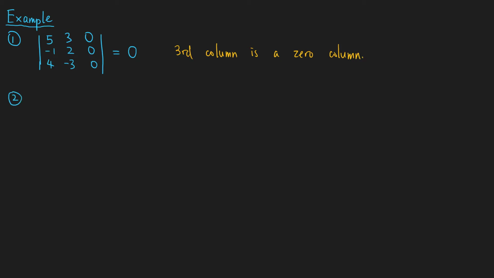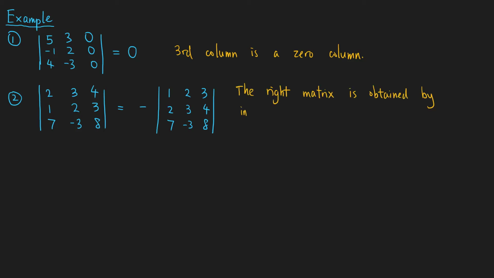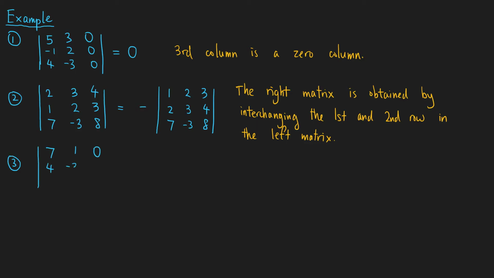Secondly, the determinant of 2, 3, 4, 1, 2, 3, 7, -3, 8 equals the negative of the determinant of 1, 2, 3, 2, 3, 4, 7, -3, 8, because the right matrix is obtained by interchanging the first row and the second row in the left matrix. Thirdly, the determinant of the matrix with rows 7, 1, 0, 4, -3, 5, 7, 1, 0 is 0, because the first row and the third row are identical.